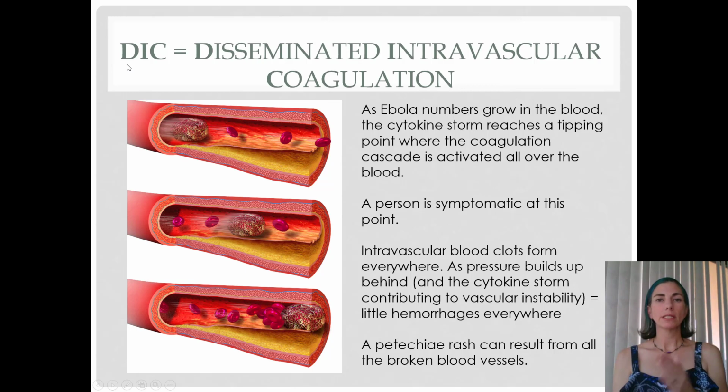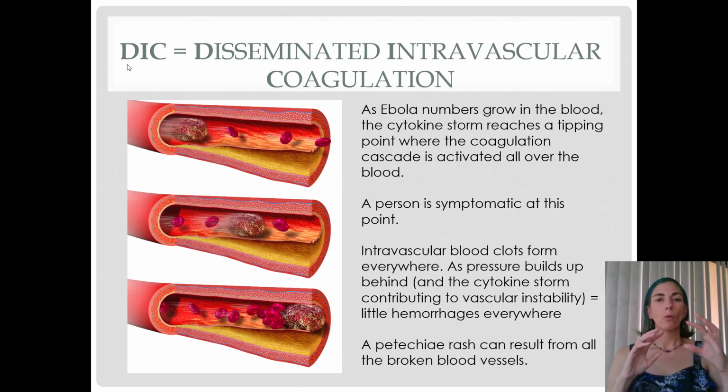And this contributes to something called DIC, which stands for disseminated intravascular coagulation. Disseminated means spread out, intra means inside, vascular is blood vessel, and coagulation is clot. So spread out inside the blood vessel, clots everywhere. That's what that stands for. It is a hallmark feature of all the hemorrhagic fevers. Different viruses have different mechanisms of inducing it. For Ebola, it's a little bit more about the fibrinogen or the plasma proteins.